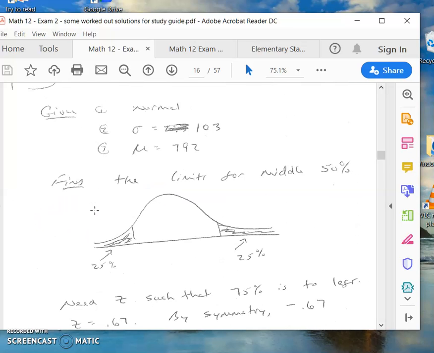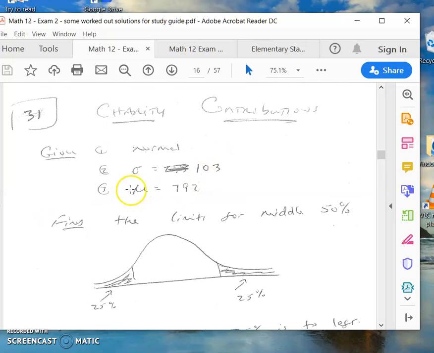Now let me talk about this real quick. The original variables are called x. You understand that, right? A random variable x. That's what your original data points are. Many times we don't want to deal with x. We want to deal with the z-scores, because the z-scores are so much easier to deal with.